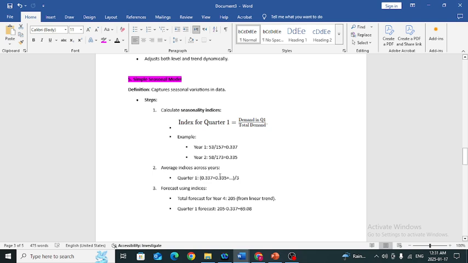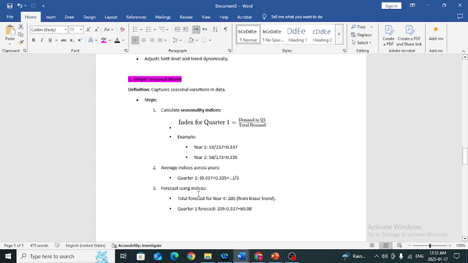The average index across years for quarter 1 is the total of these indices divided by 3 for quarter 1, for example.